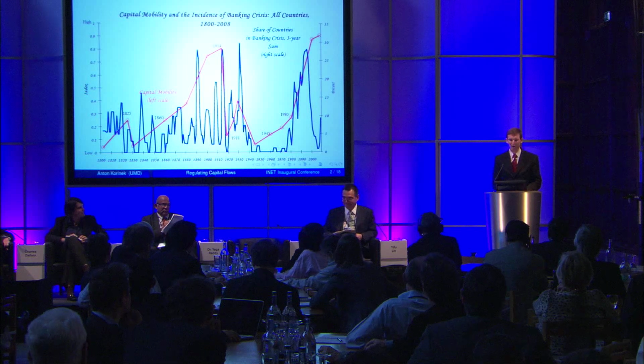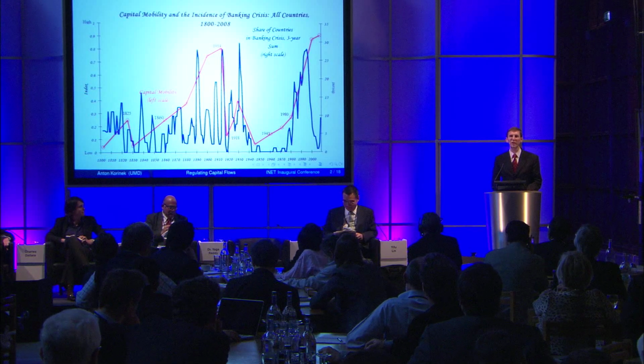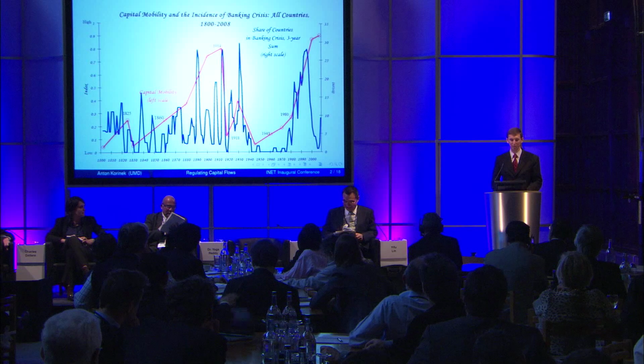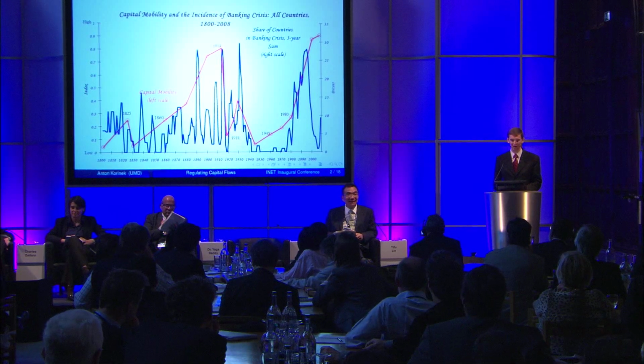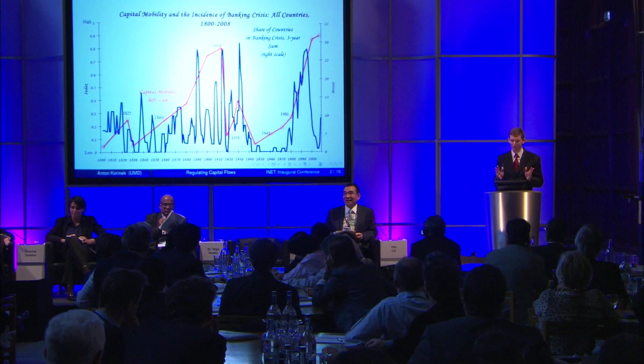Okay, so I want to start off with a historical diagram that I have borrowed from my colleague Carmen Reinhart. It lasts for the past 208 years, and what it basically depicts is, if you look at the red line, an indicator of capital mobility, and if you look at the blue line, the global incidence of financial crisis, here because of data availability, as measured by banking crises.